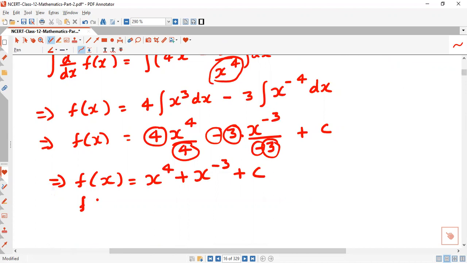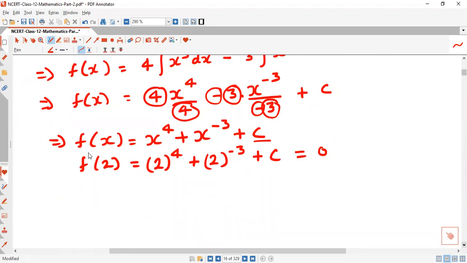So we put x equal to 2: it becomes 2 raised to 4 plus 2 raised to minus 3 plus c, and this will be 0. We are doing all this to find the value of constant c. 2 raised to 4 means 16, and 2 raised to minus 3 means 1 by 8, plus some constant c equals 0.